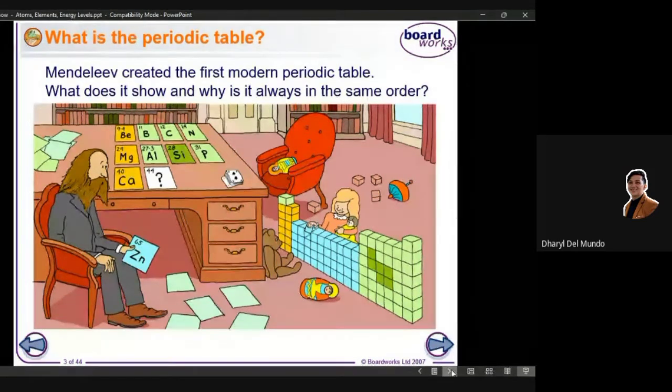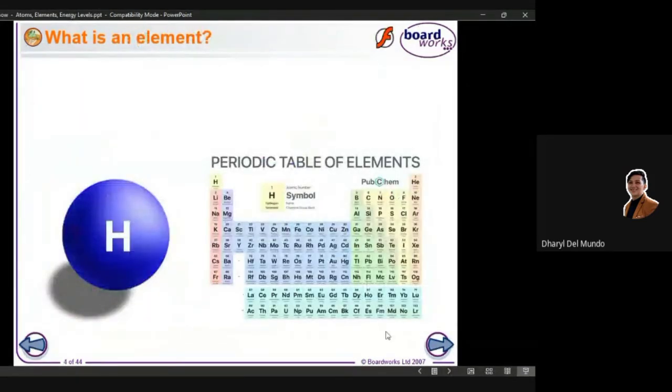Alright. And of course, this is the example of a periodic table. And we have here an element or an atom of hydrogen. Okay, so the periodic table is simply the compilation of all the elements that can be found whether in nature or artificially made.